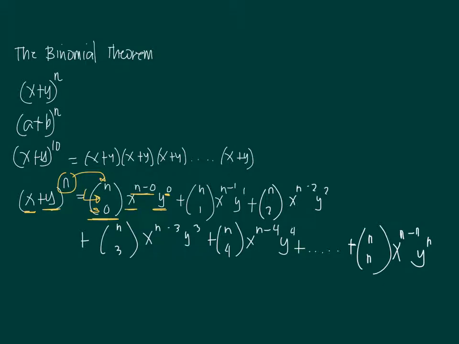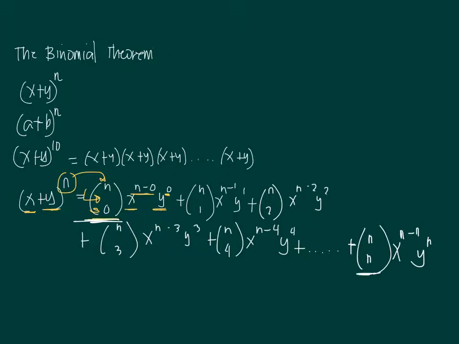So you started with n0, you end with nn. This may seem a bit complex to look at, but when you recognize the pattern, expanding x plus y to some exponent will become easier.